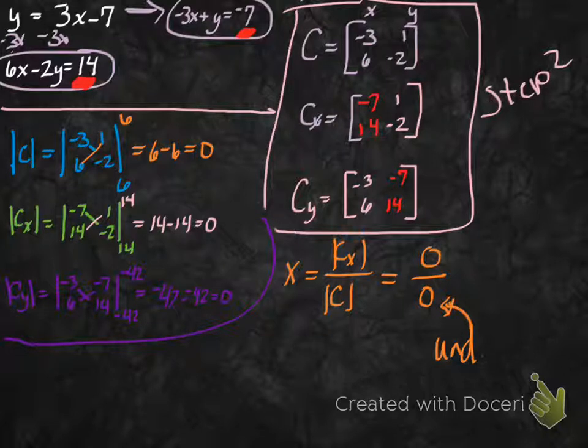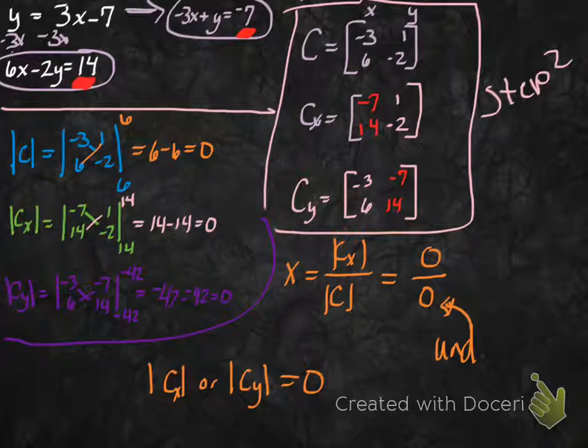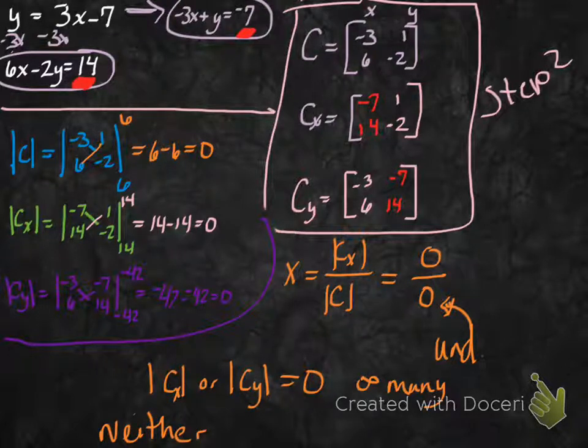And to figure out which it is, if your determinant of C sub x or C sub y equals 0, it is infinitely many. If neither equals 0, then it's no solution.